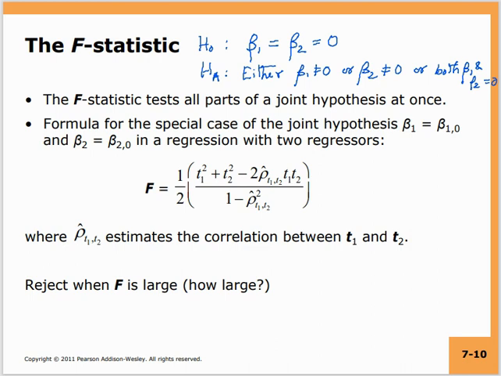Now we had found out that if we actually conducted t-tests for beta 1 and beta 2 individually, and did the normal hypothesis test of looking at whether t1 is greater than 1.96 and t2 is greater than 1.96, then we will end up rejecting the null hypothesis more often, when probably we should not reject it.